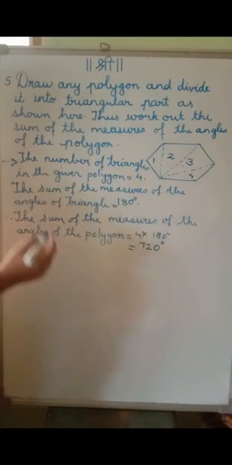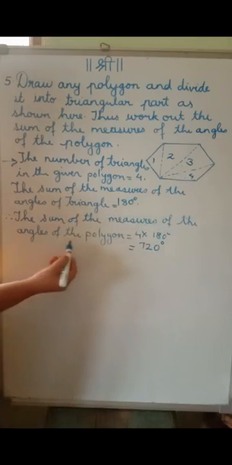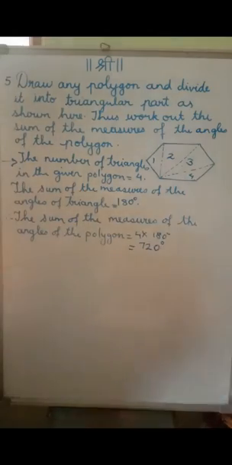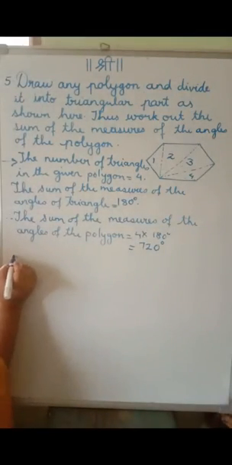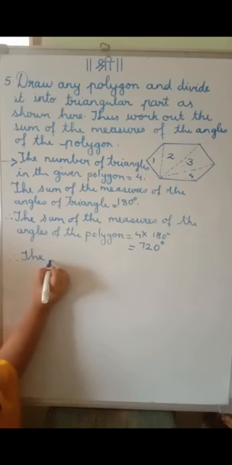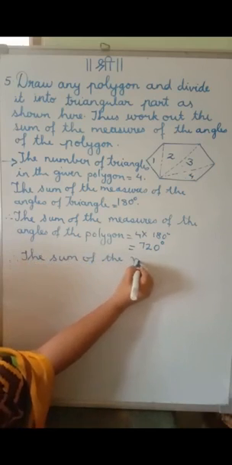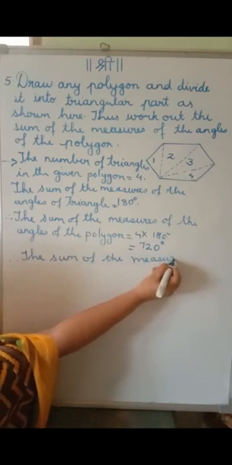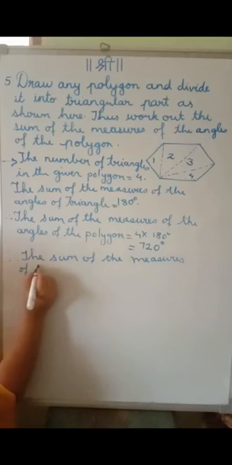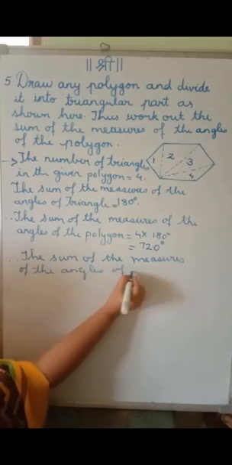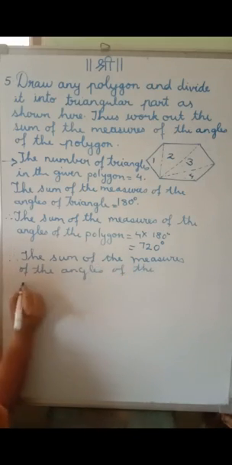This polygon is nothing but what? Hexagon. Yes. So the sum of the measures of the angles of a hexagon is how much? 720 degrees. So we'll write here, therefore the sum of the measures of the angles of the polygon.